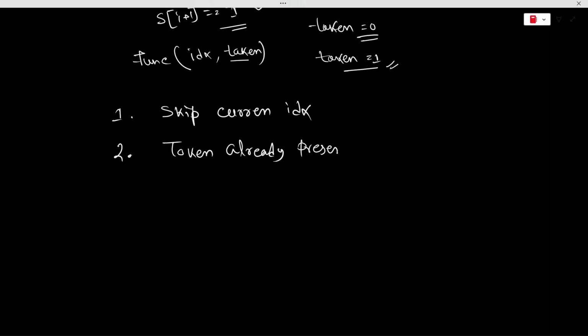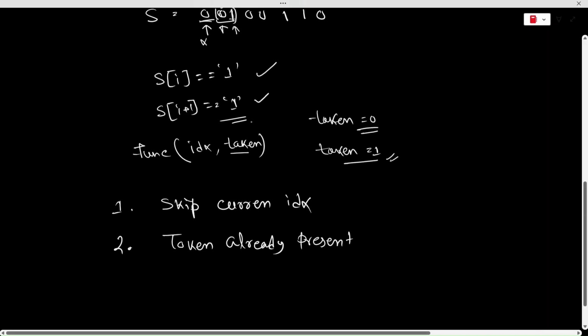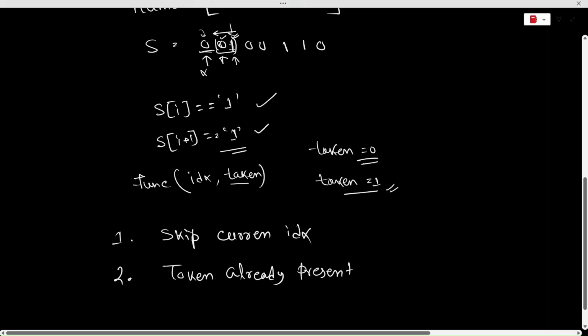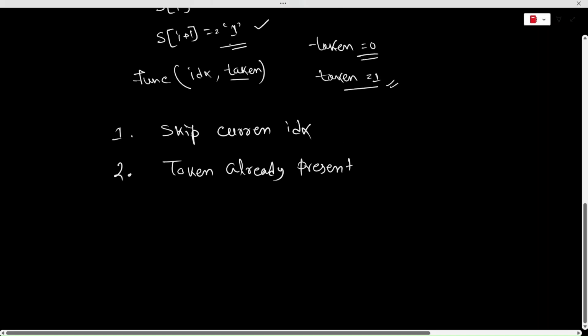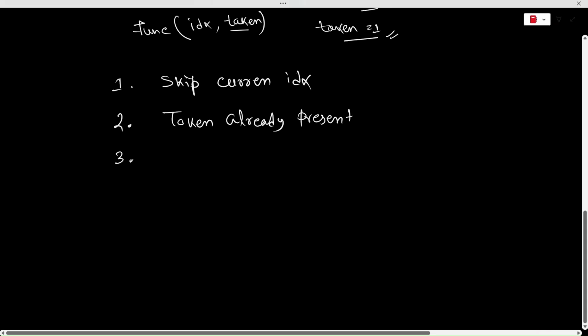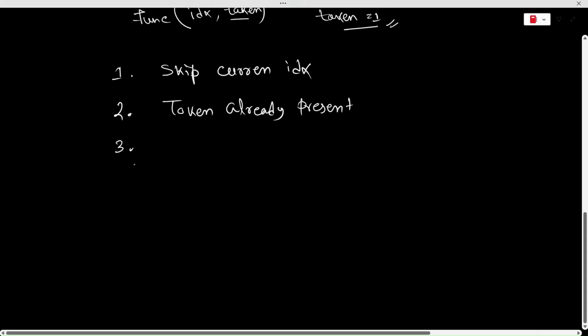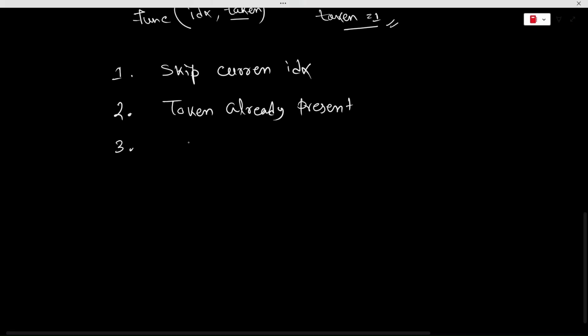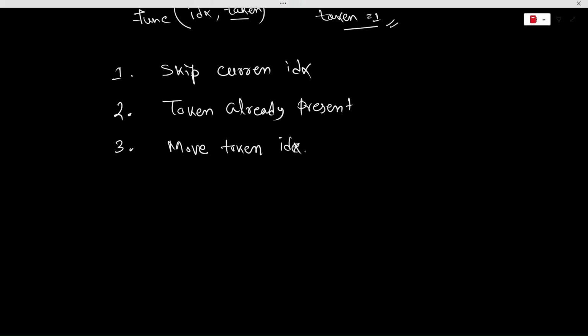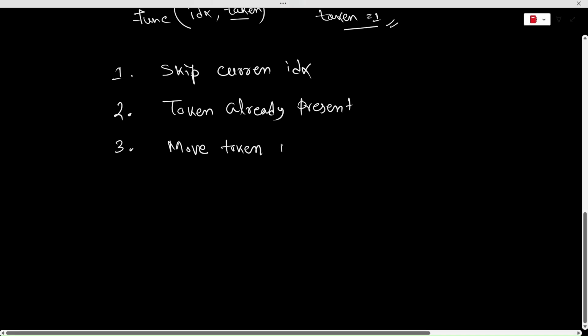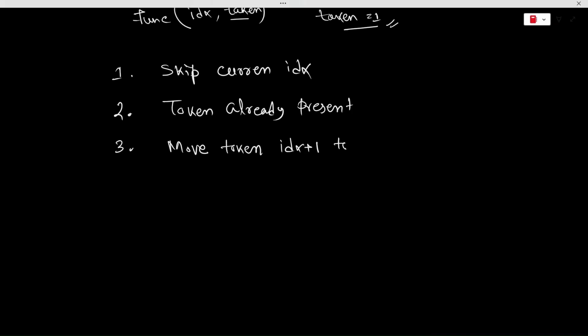Something like this one. One is already there, so the token is already present, and this can be a choice. And our third choice is moving the token, meaning moving the token from index i plus 1 to index i. These three choices are there.